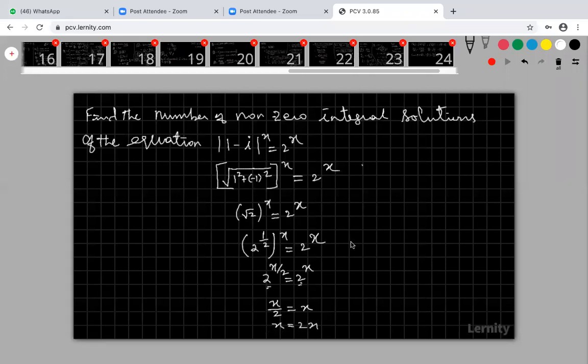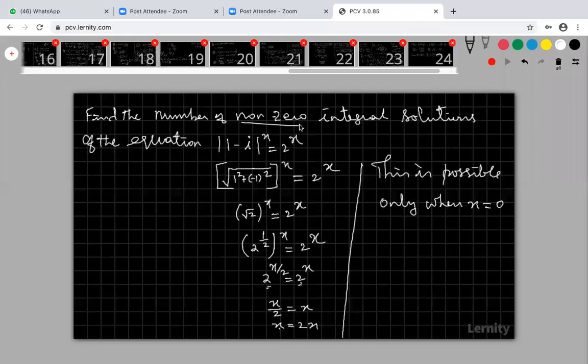Therefore this is possible only when x is equal to 0. Are you okay? If you give x is equal to 1, 1 equal to 2, it is not true. With x is 0, here 0, here also 0, 0 equal to 0, we will get it. So this is possible only when x is equal to 0.